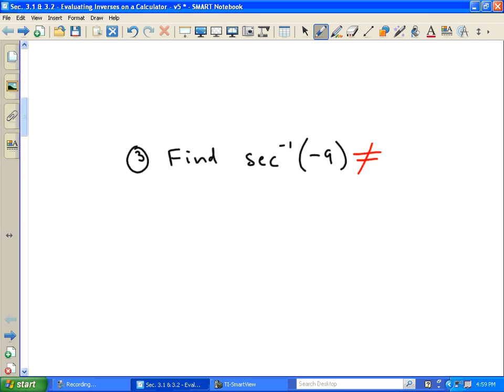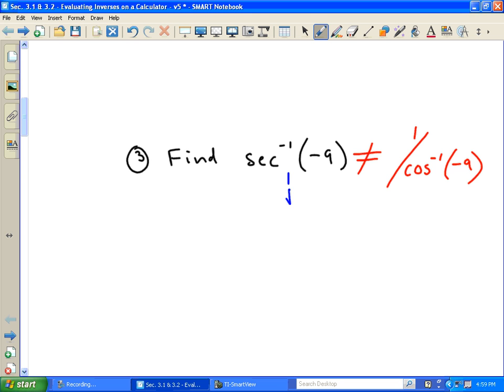The inverse secant of negative 9 is not equal to 1 over the inverse cosine of that number. So you need to make very, very certain that you have that down, that inverses do not compare as reciprocals like our regular trig functions do. So that's not equal to 1 over cosine inverse of negative 9.